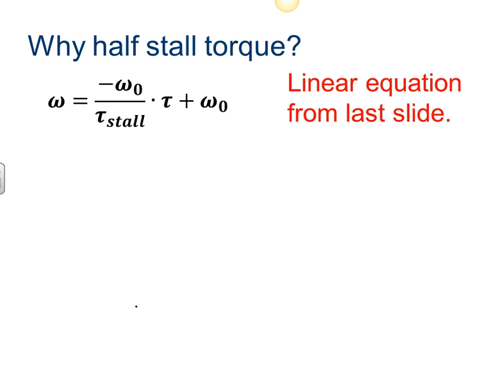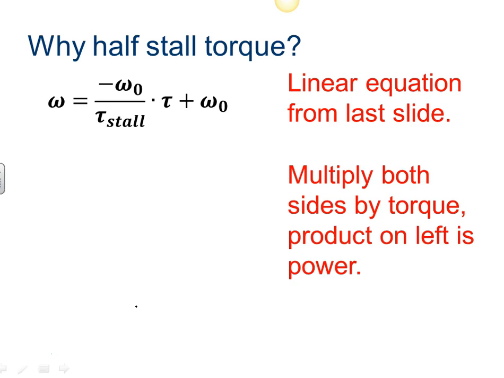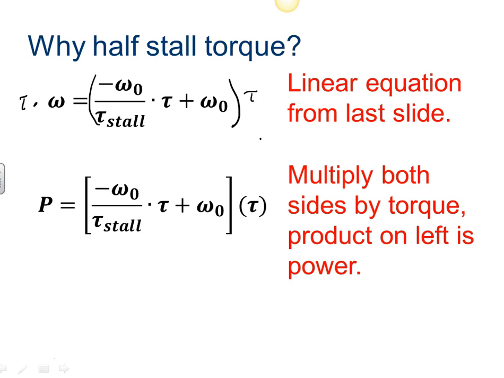Well, if we take the former equation, the equation for the line from the last slide, and then we multiply both sides by torque, what we end up with on this side, torque times angular speed, is power, and then we're going to have to distribute this tau through the rest of it.